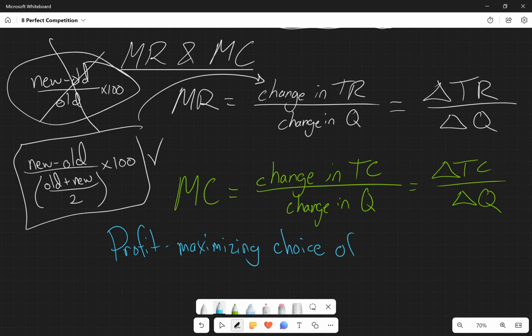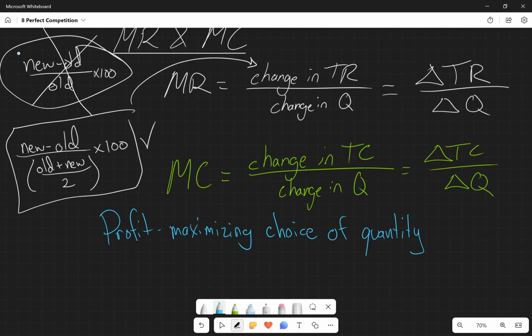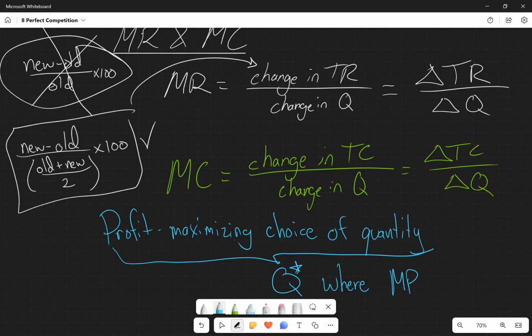Of what? Quantity, because that's the only thing they can choose, right? They're price takers. So this profit maximizing choice of quantity is abbreviated as Q star. And Q star happens where our marginal revenue is equal to our marginal cost.